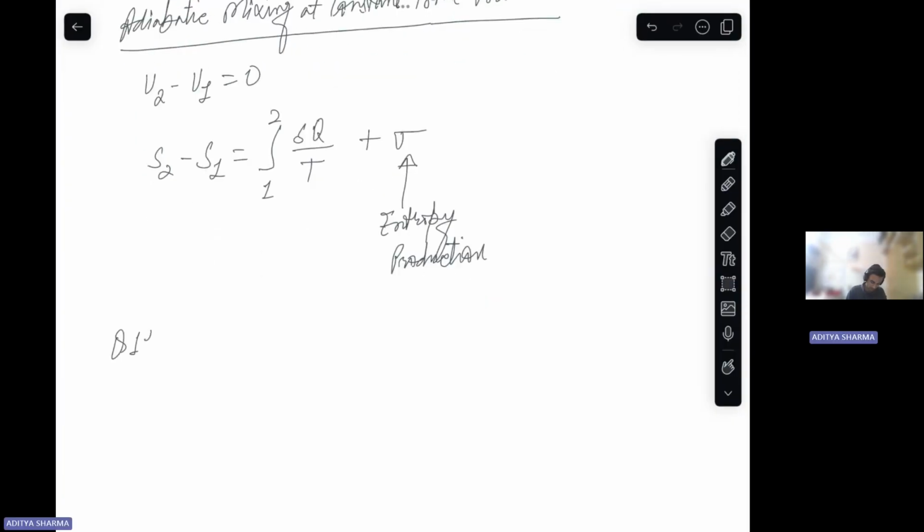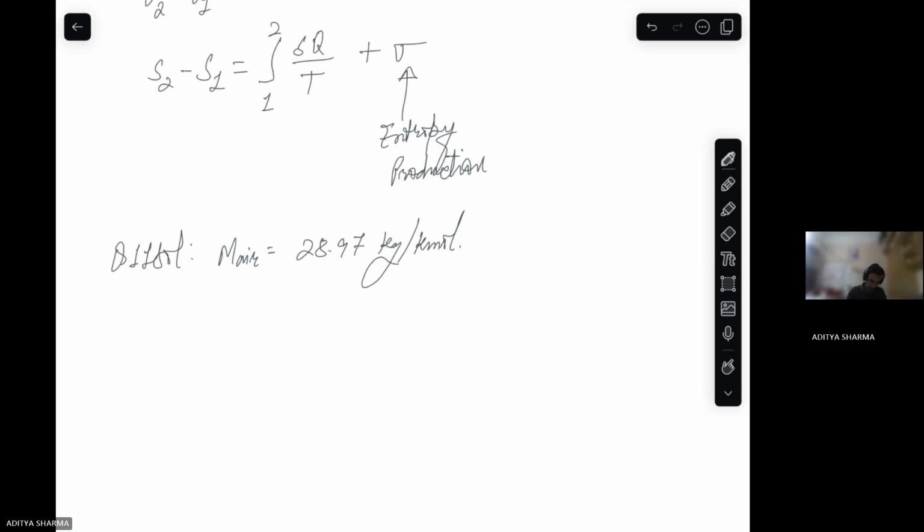So this is your question number 11 solution. Molecular weight of air is 28.97 kg per kilomole. Now the mass of air displaced is PV by RT.